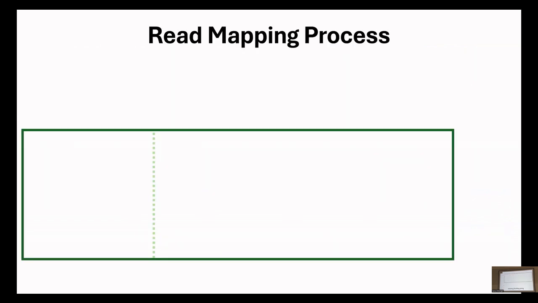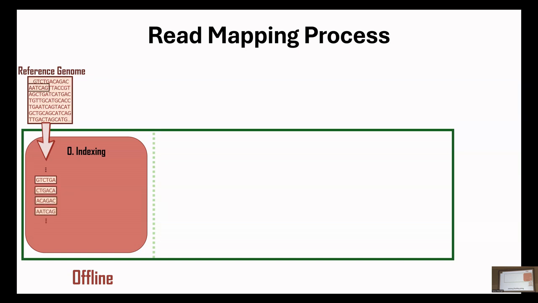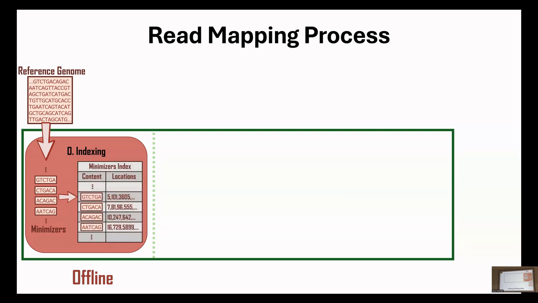Okay, what is the read mapping process? Offline, we take the reference genome and do something called indexing. We take substrings from the reference genome, which are called minimizers, and we save a table for each minimizer: what are the locations that it appears in the reference?